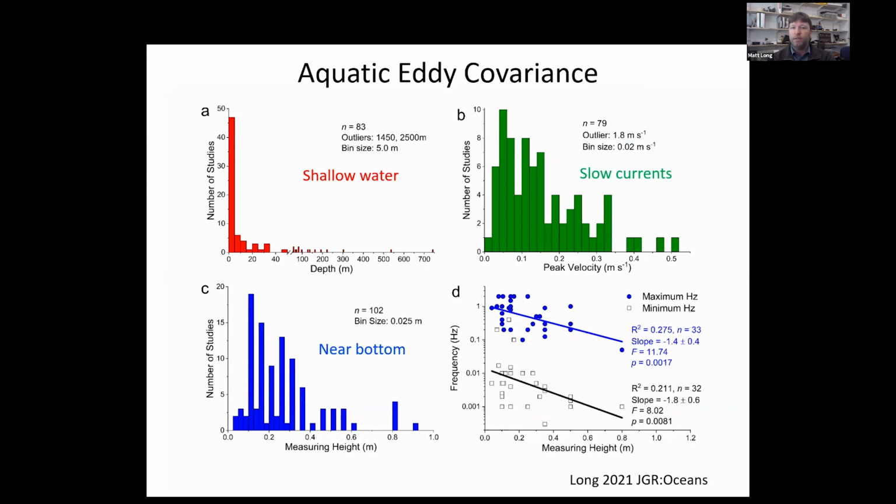So what frequency are the eddies that are contributing to benthic exchange? And you can see that when you measure very close to the bottom, those are generally higher frequencies that are contributing to the flux. As you move towards higher measuring heights above the boundary, those frequencies become much longer. And we can actually use this to better design our instruments and get away from problems like wave bias.